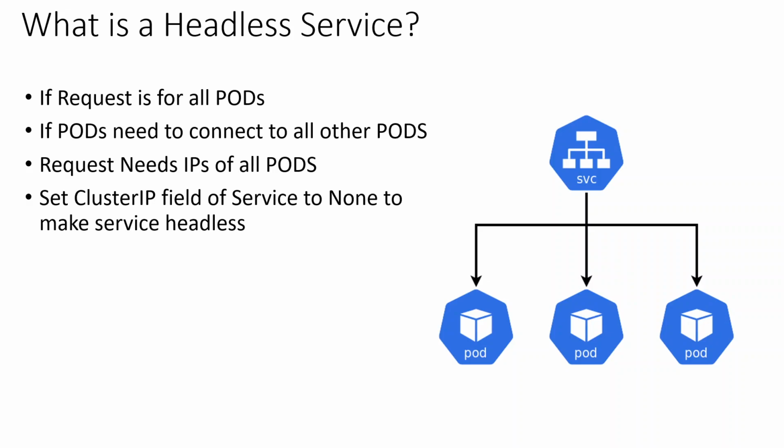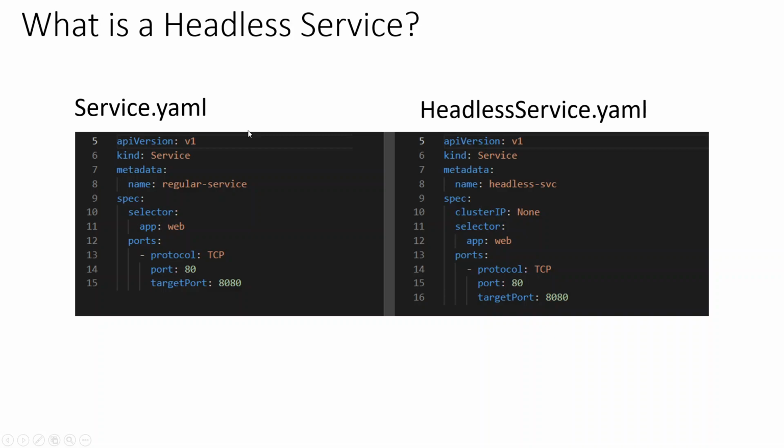Now let's have a quick look at the actual Kubernetes manifest. On the left-hand side, we have the YAML manifest of a regular service, and on the right-hand side, we have a headless service. On the left-hand side, for the regular service, it's a simple service specification where we are defining on line number 6 the kind as Service. We are giving it the name regular-service.